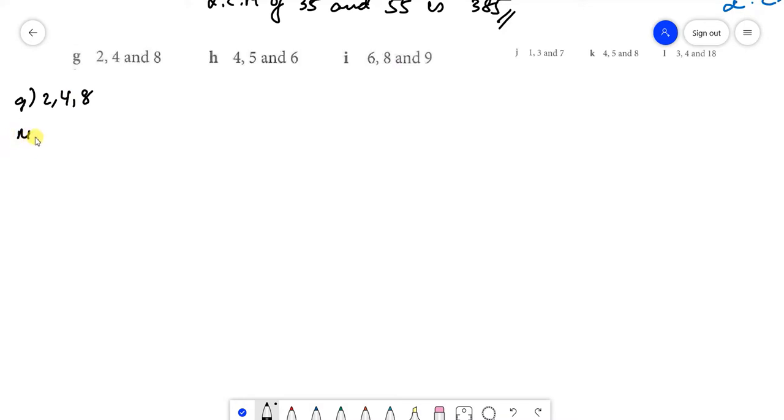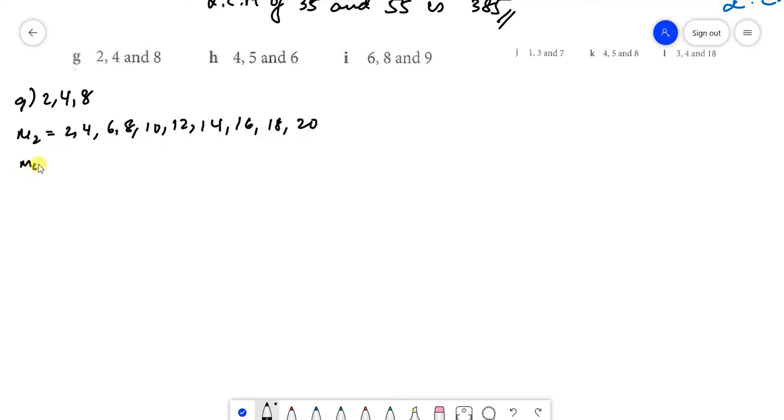So first we write M2. It's the same steps. So 2, 4, 6, 8, 10, 12, 14, 16, 18, 20.